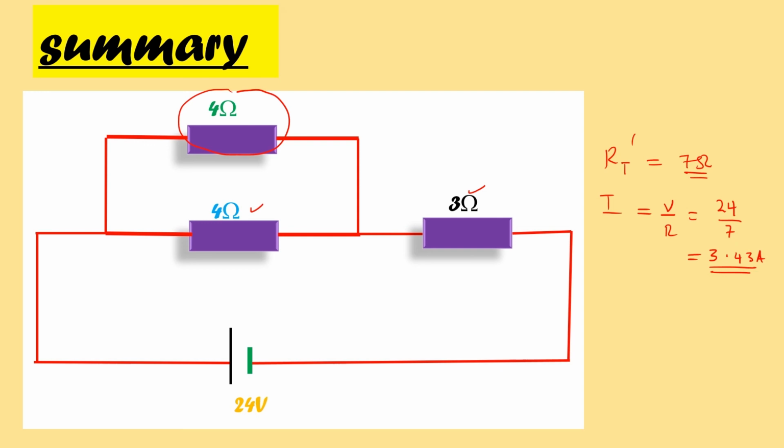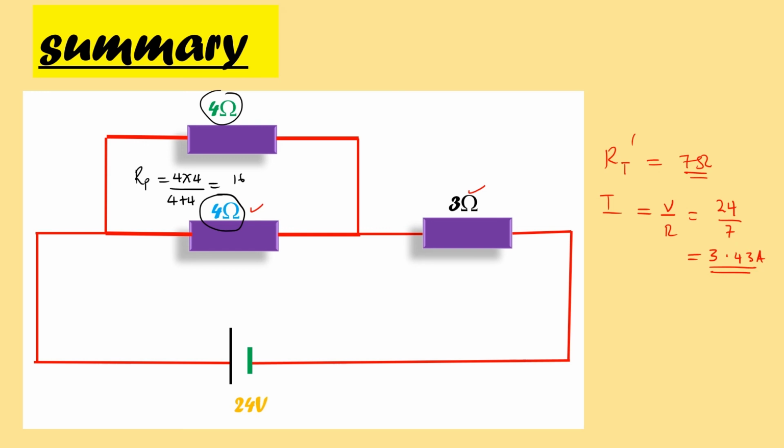Now for the total resistance here, first of all you have to get the effective resistance, because this 4 ohm resistor here and this 4 ohm resistor are in parallel. Therefore RP will be the product over the sum, 4 times 4 divided by 4 plus 4, and this becomes 16 divided by 8, which is 2 ohms.